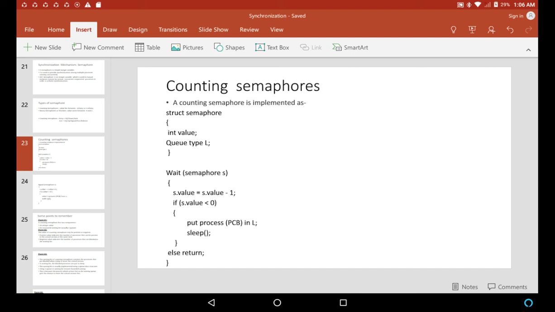After executing the first line, P2 forces S value to 1. So P2 executes all steps that P1 follows, and semaphore value is equal to 1. Again it is not less than 0, so it can also enter into the critical section. Initially S value was 3, P1 made it 2, P2 made it 1.